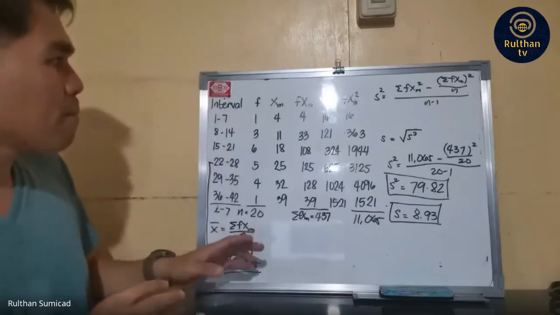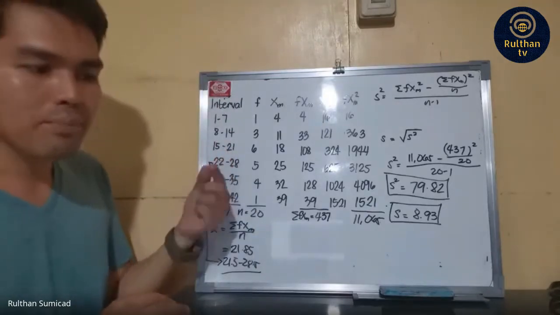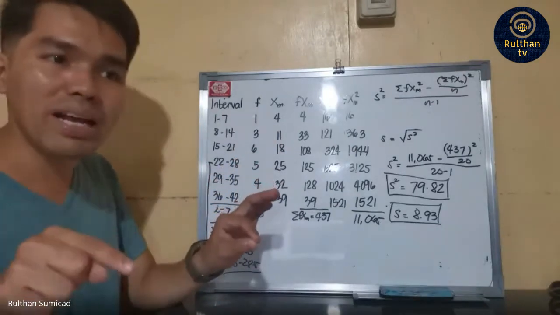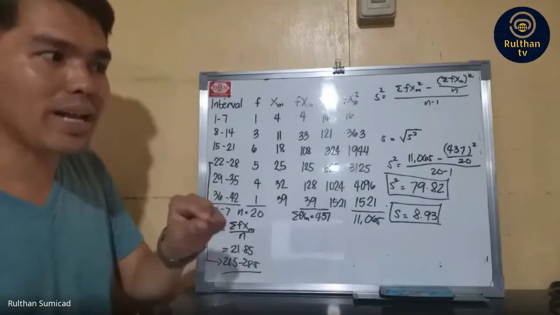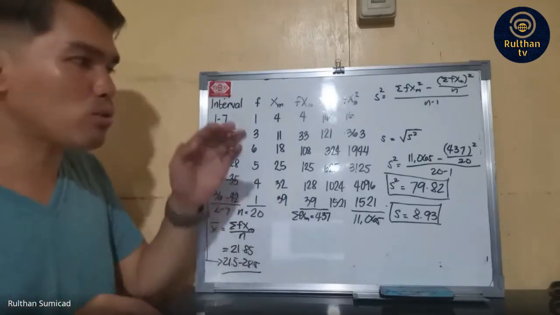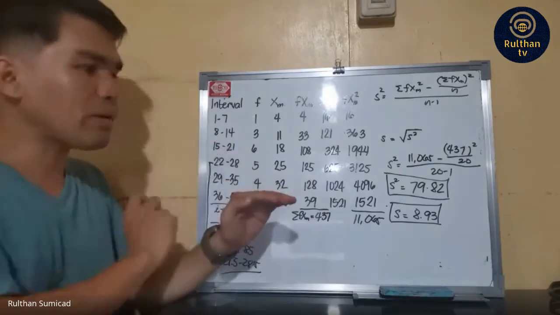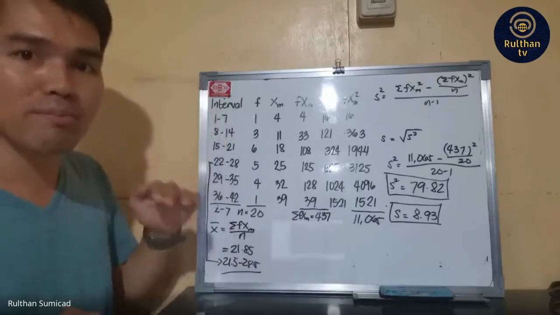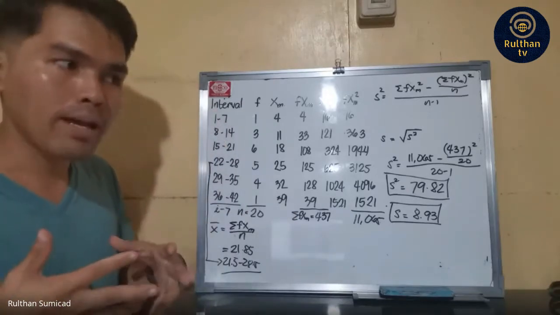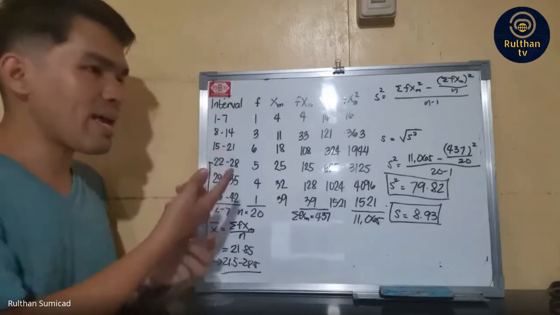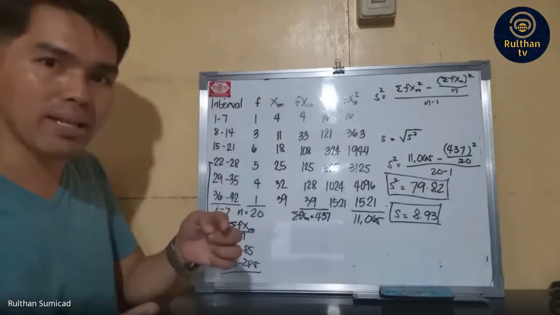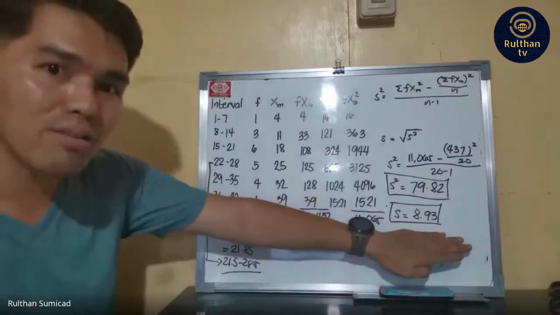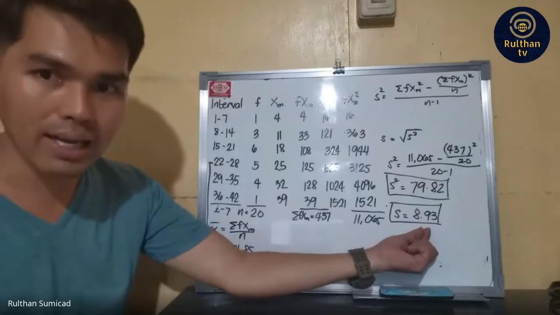For example, the actual score 21 will be converted into its equivalent z-score, which will tell you how many standard deviations the score 21 is away from the mean. If, for example, 21 is one standard deviation away from the mean, it will tell you that one standard deviation is equivalent to 8.93.